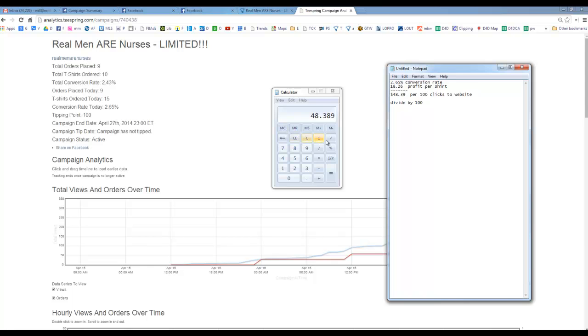That gives us 48.4 cents. So let's just say 48 cents per click to website is profit, or we should say is income or revenue. We can put that up here.